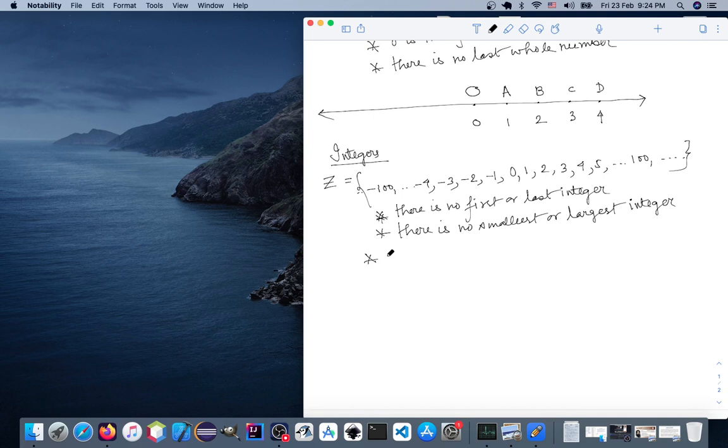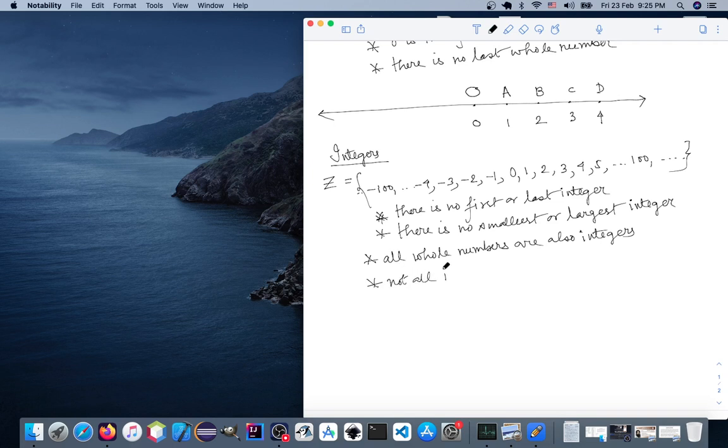Also notice that all whole numbers are also integers, but not all integers are whole numbers.